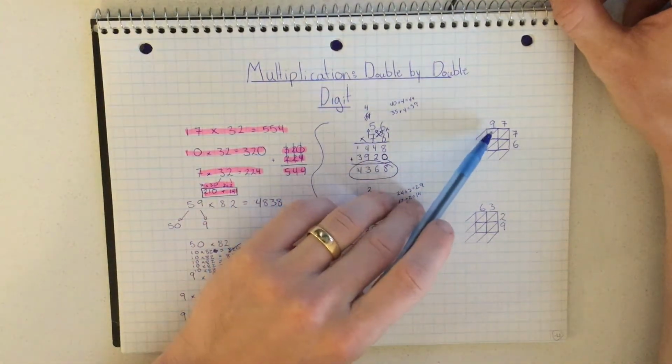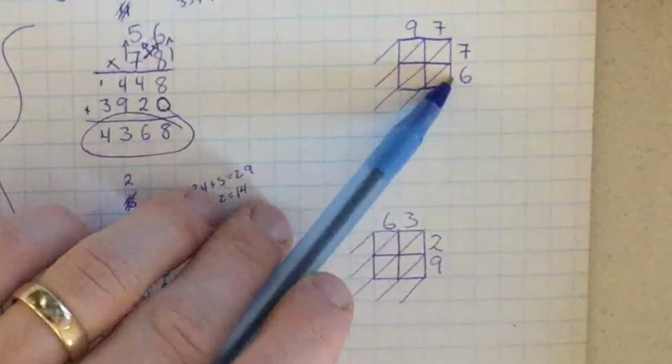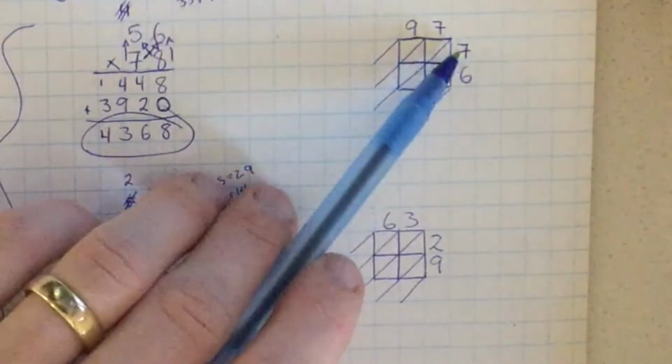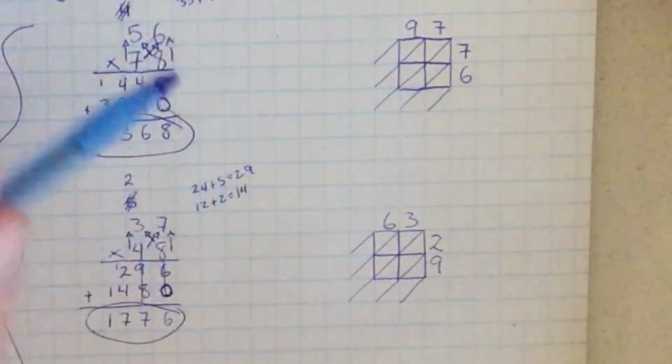So the first one we have is 97 multiplied by 76, reading left to right and top to bottom for each number.